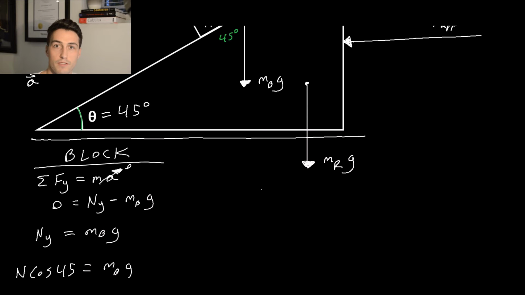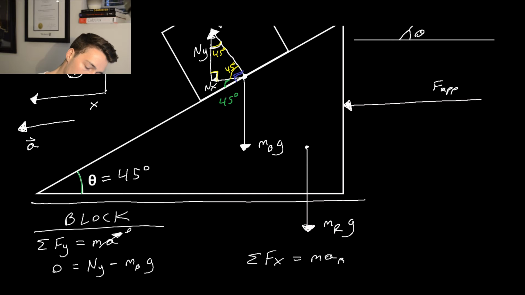Now we'll do sum of the forces, the same process, but in the x direction. So here, we set it equal to mass times acceleration, and this is all of the block. If the entire system is accelerating to the left, the block is as well. So we're saying that this entire system, because of this applied force, is going to accelerate.